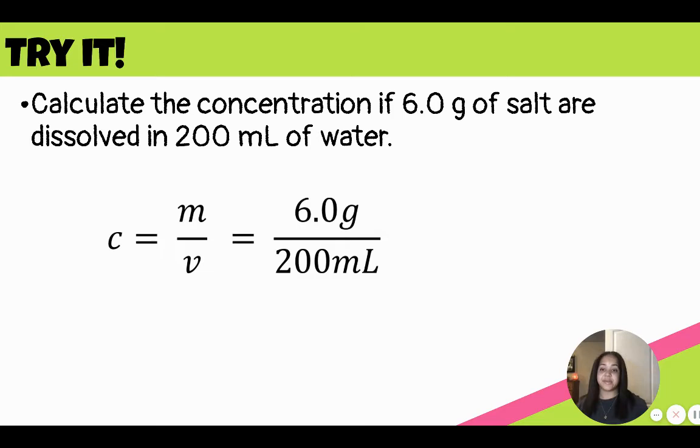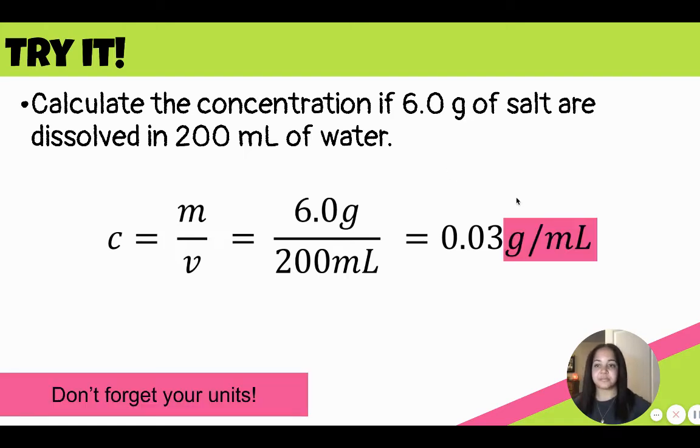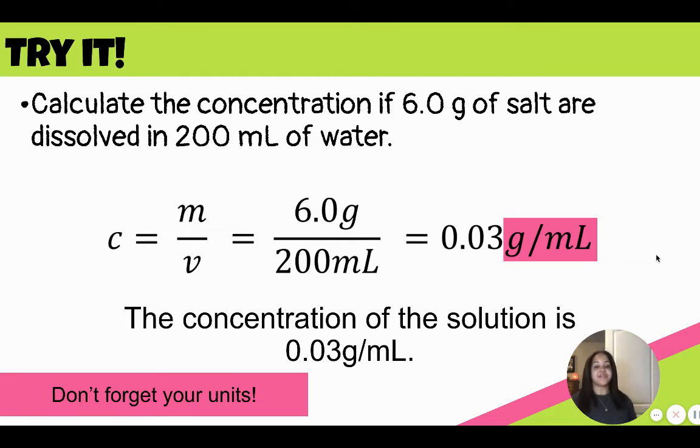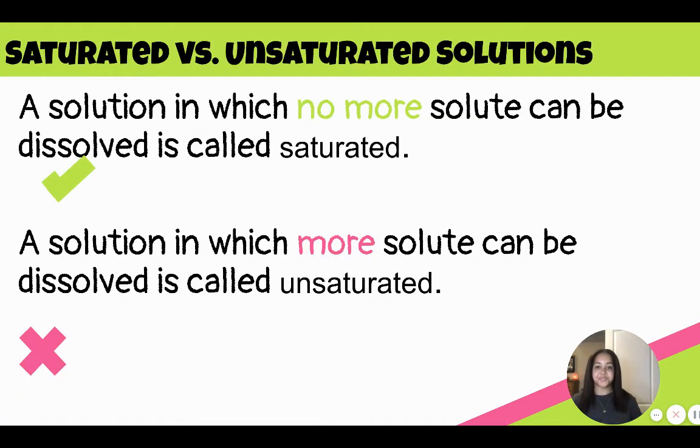So C equals M over V, and that equals 6 grams over 200 milliliters, which equals, hopefully you got it, 0.03 grams per milliliter. And again, don't forget your units. It's very important not to forget grams per milliliter. The concentration of the solution, therefore, is 0.03 grams per milliliter.